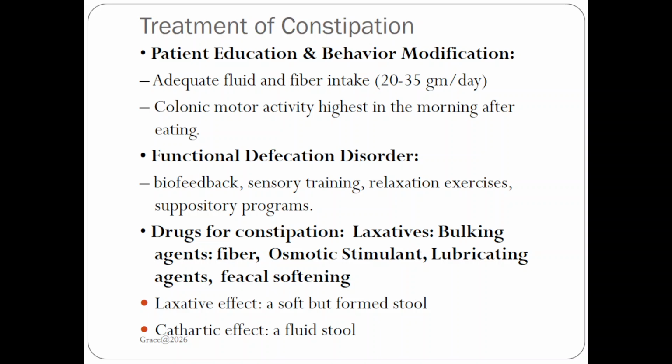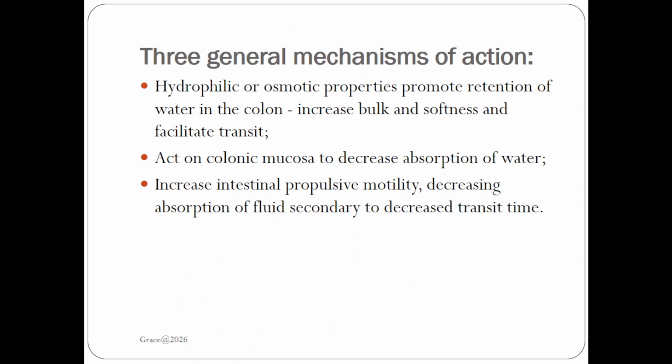Under that we have the laxative effect that enables softening of the stool, and the cathartic effect, or fluid stool. So there are three mechanisms of action for the medications we give to our patients who are having constipation.